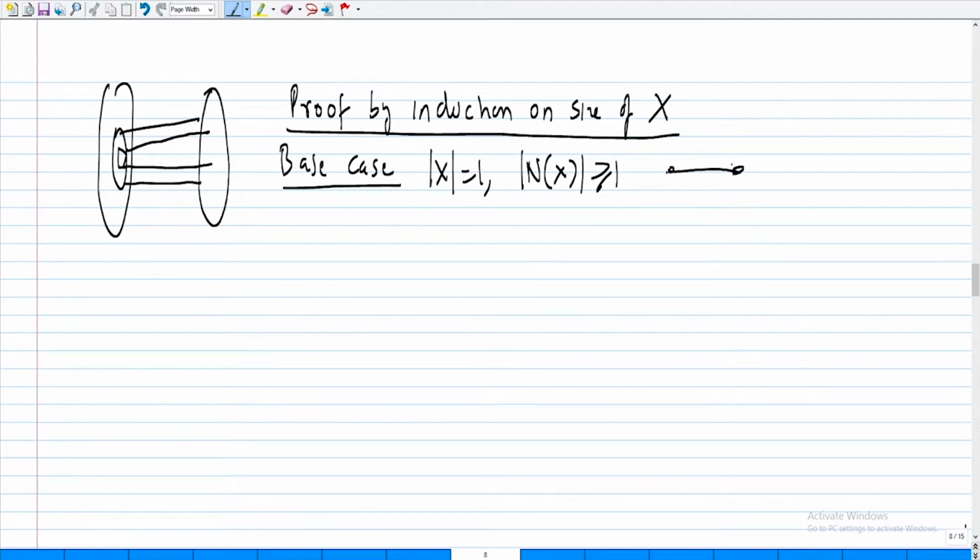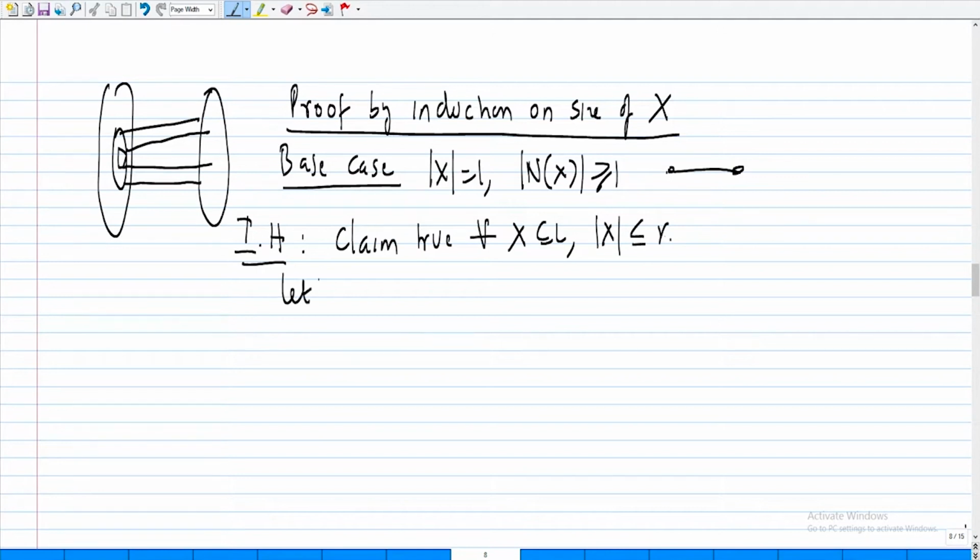So let us assume the result is true for sets of size less than or equal to R. Induction hypothesis: claim true for all X subset of L, cardinality of X less than or equal to R. Now let Y be a subset of L, cardinality of Y equal to R plus 1.